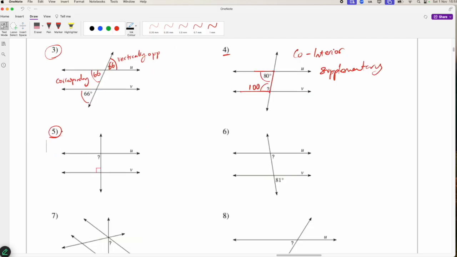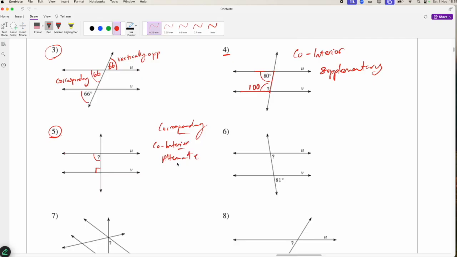Araya, what kind of angles is number 5? A right angle. Well, it sure is a right angle, yes, but where's the relationship between this one and this one? If I have two parallel lines and a transversal, remember, we had three types: corresponding, co-interior, and alternate.